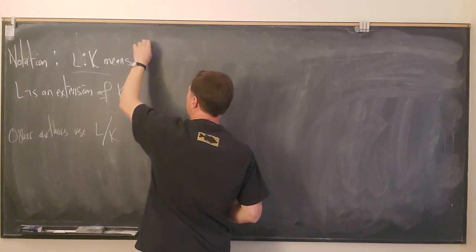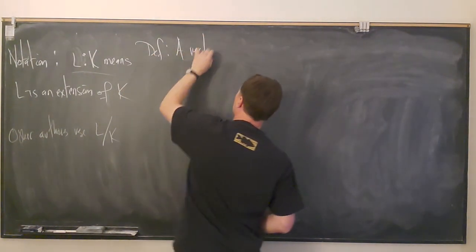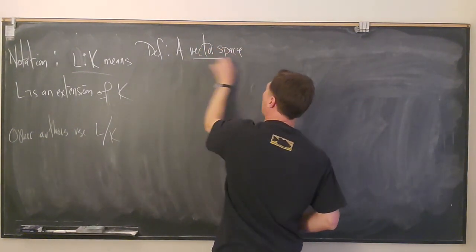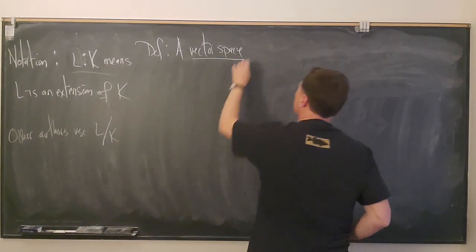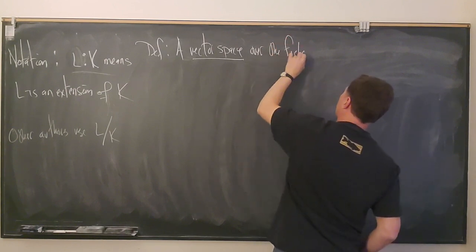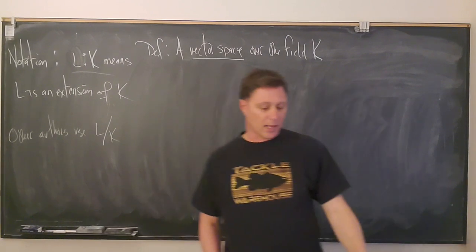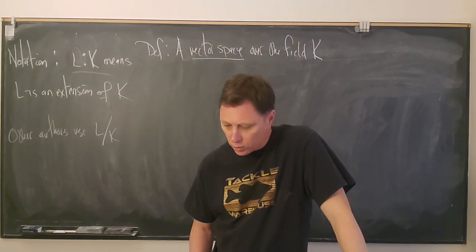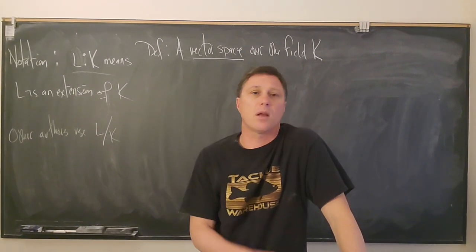And maybe I should say recall, but that's okay. So definition: a vector space over the field. Let's use K. Now remember, if you took a Math 206 type class, an introduction to linear algebra, when you learn what a vector space is, it's this thing that has like 10 axioms that no one's going to remember.